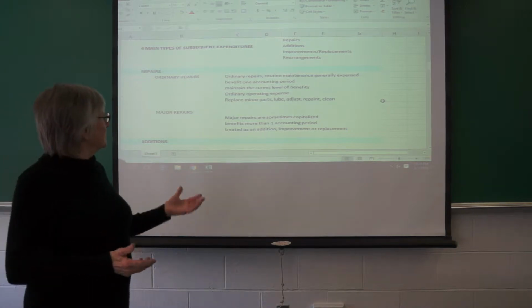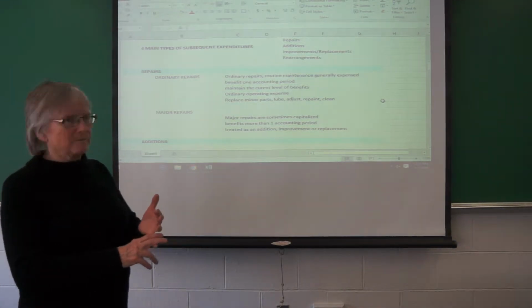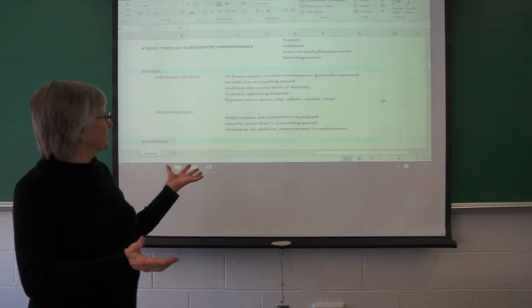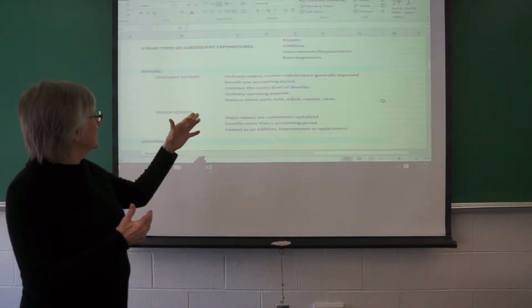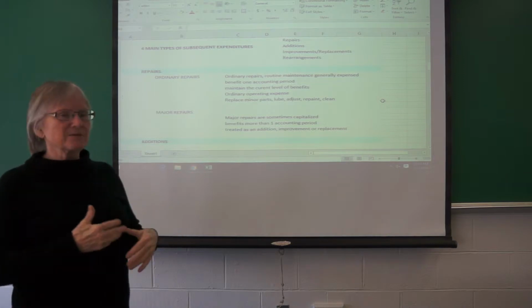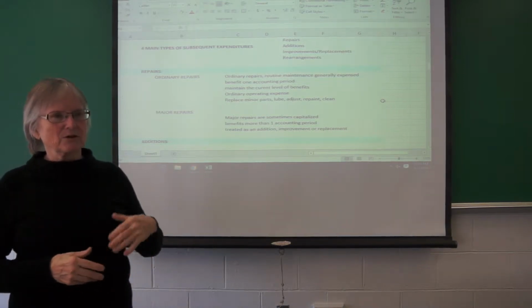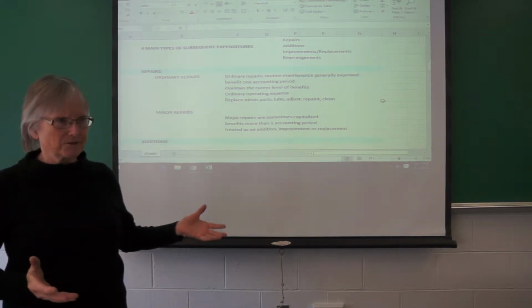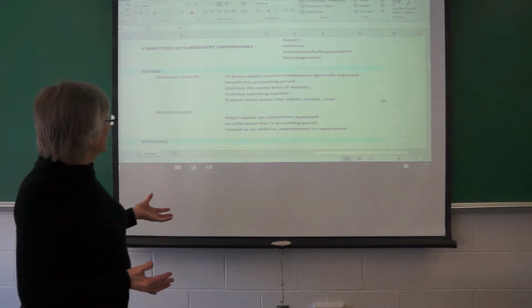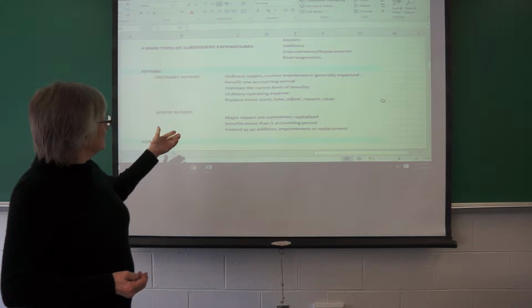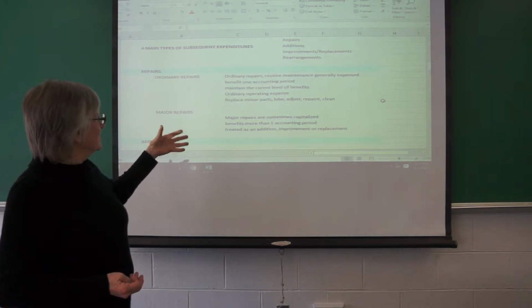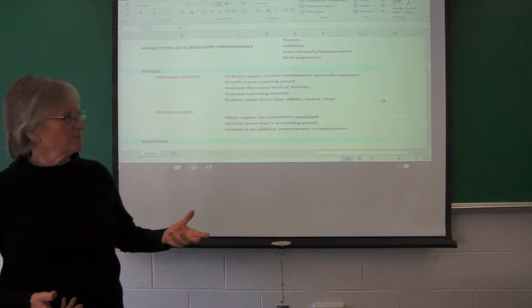They're replacing minor parts, adjusting, repainting, cleaning, just things like that. So you're maintaining the current level of benefits. However, sometimes you get major repairs. If you are a homeowner or a car owner or a truck owner, you kind of know this. And those major repairs sometimes are capitalized because they benefit more than one accounting period.